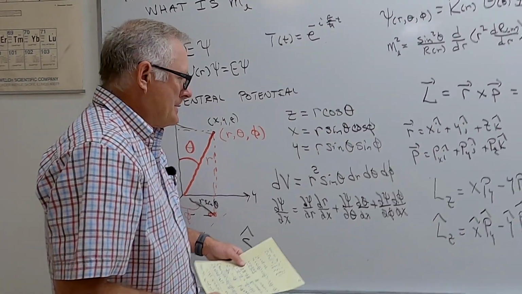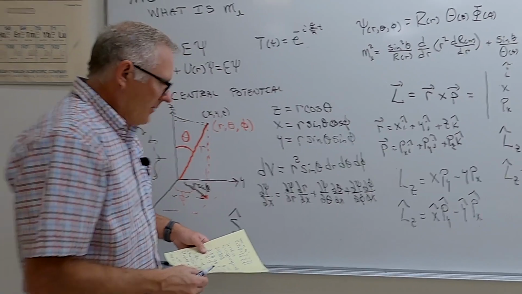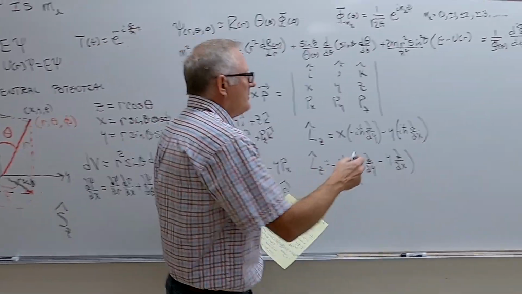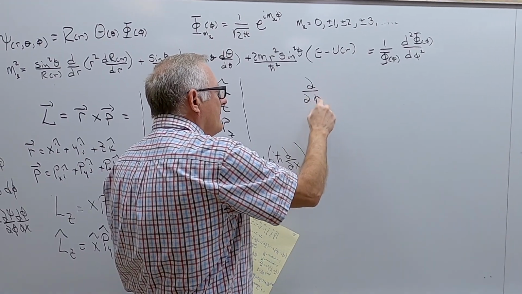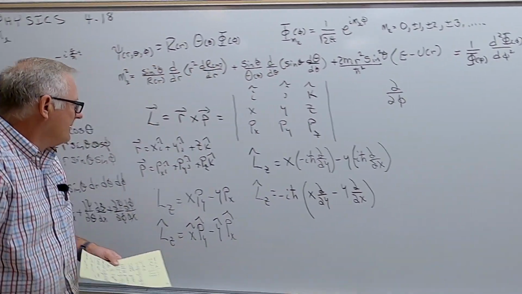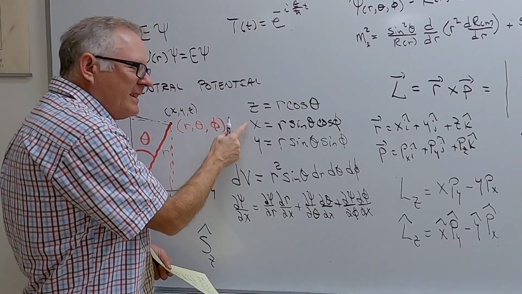Well, let's just look at this. Suppose I had to say, what is the partial with respect to phi? Now, there's no phi in this, so phi is only in the x and y.